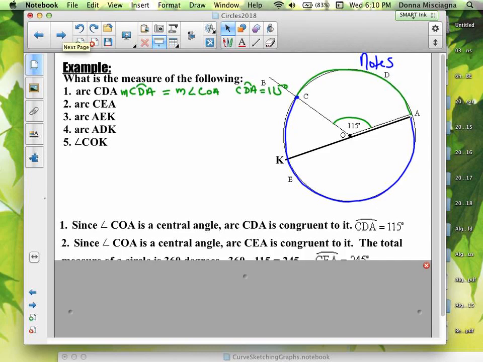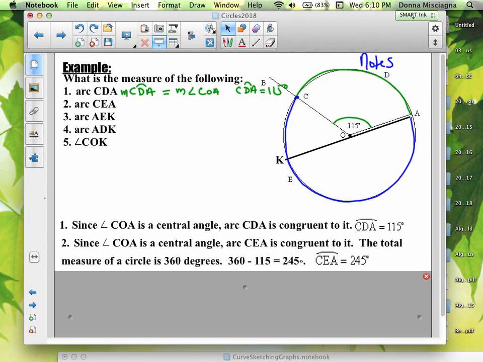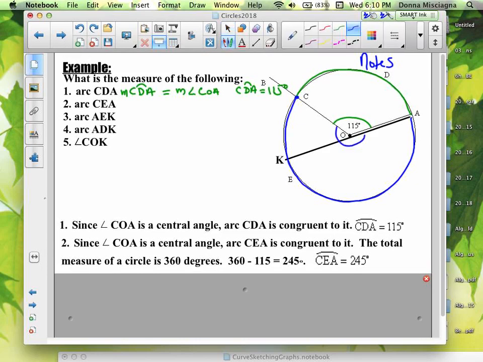We also have another central angle. It's just going the other way. So this is also a central angle over here. Right? Nobody says your angle has to be 180 degrees or less. We have reflex angles, right, that are more than 180 degrees. So that is a reflex angle. So either way, that angle is going to be equal to that arc, and they're both the whole circle minus arc CDA. Right?